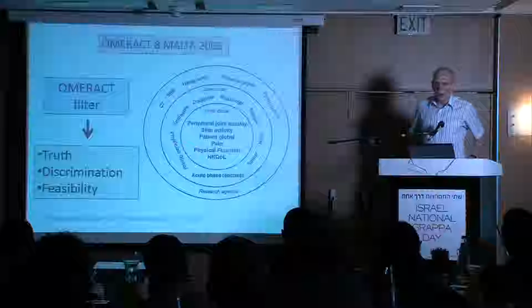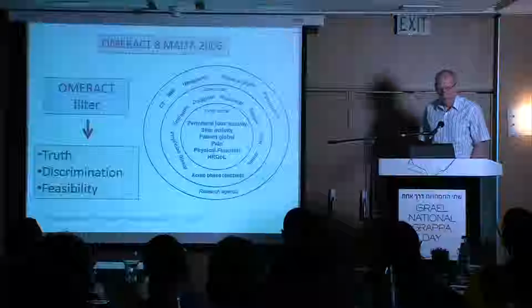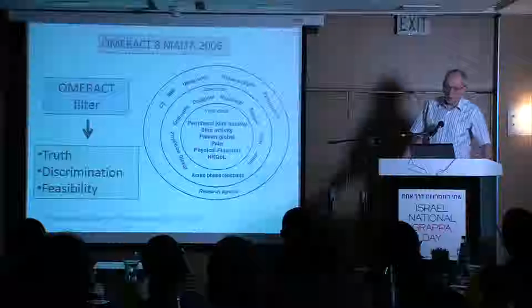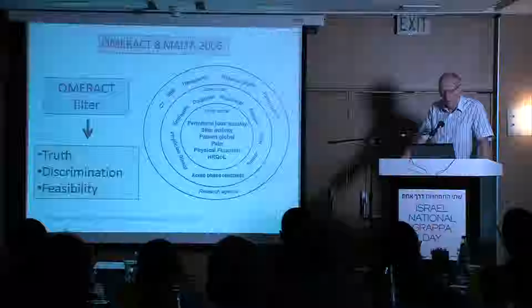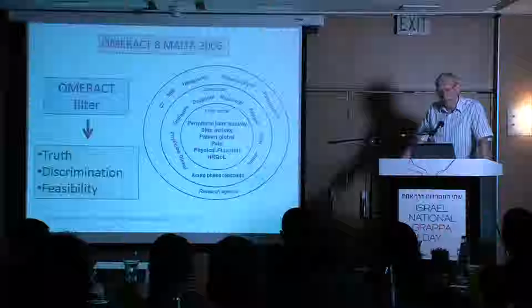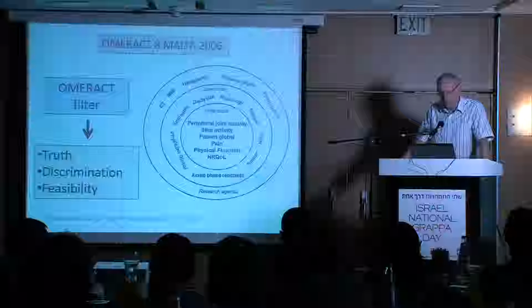Now, we've heard about OMERACT. Rheumatologists will have done, dermatologists perhaps not. But OMERACT's been around for some time. The acronym stands for Outcome Measures for Rheumatoid Arthritis Clinical Trials, and I think the first meeting was in the early 90s or late 80s.